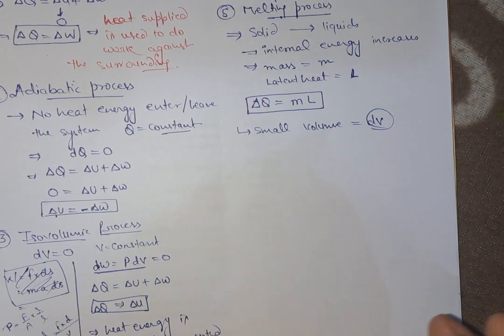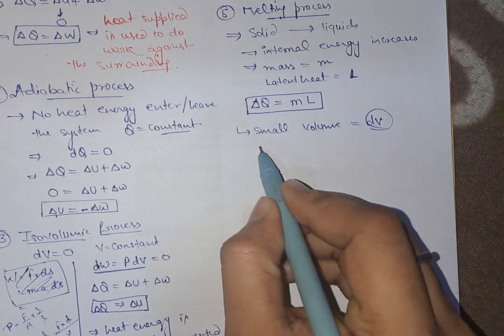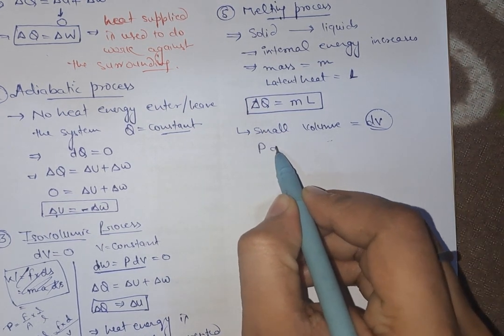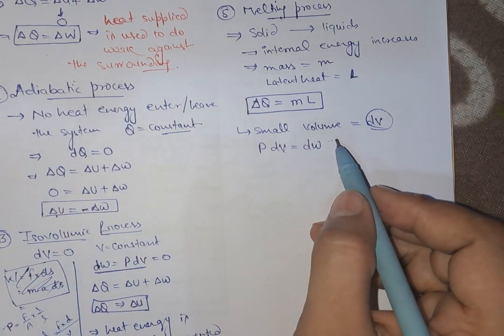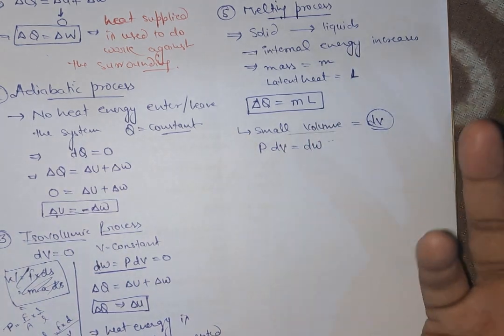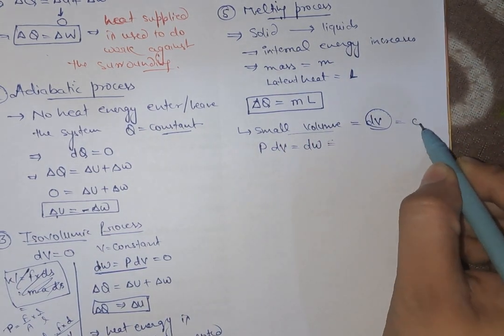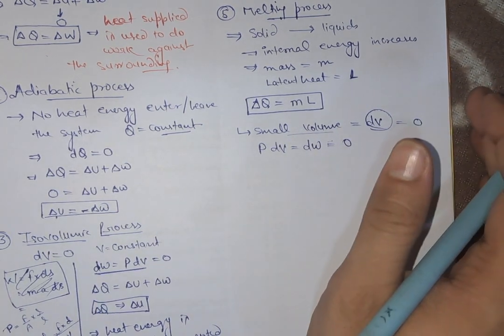From this equation, P dV is equal to dW. Since this is a very small volume, it could be negligible, meaning dV is equal to 0. Then dW would also be taken to be 0.